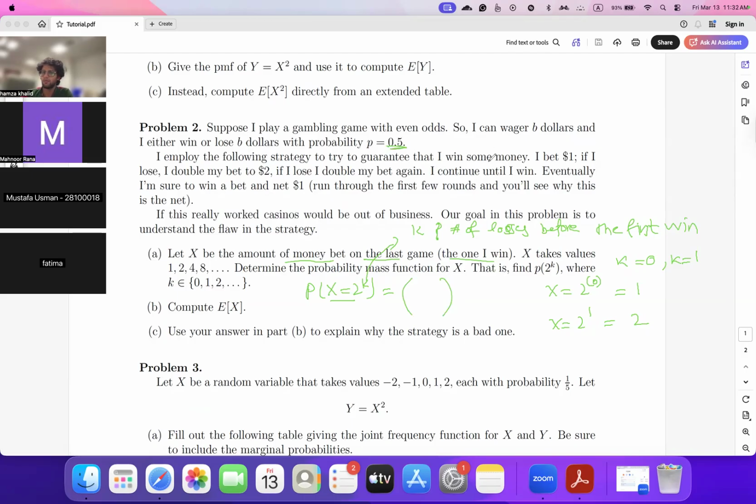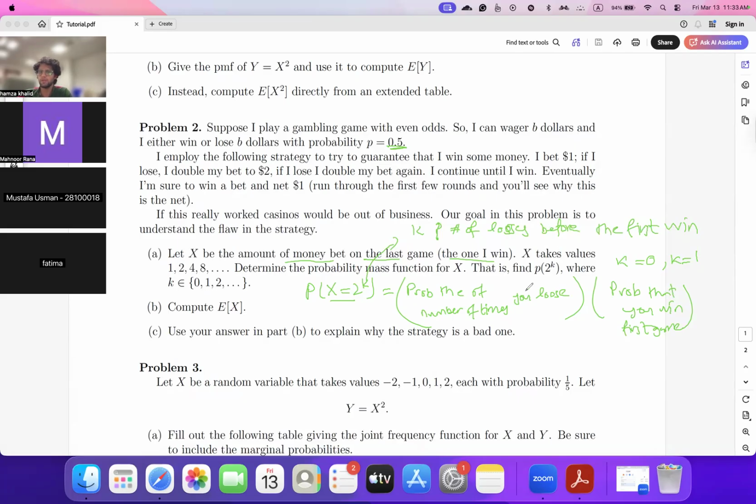So that would just be the probability of the number of times you lose times the probability that you win your first game, right? Is that point clear?